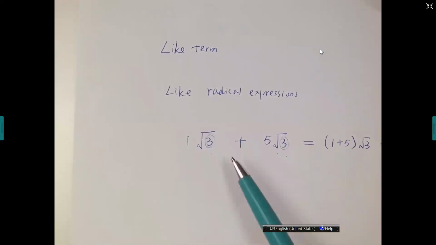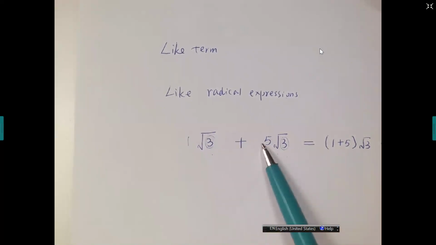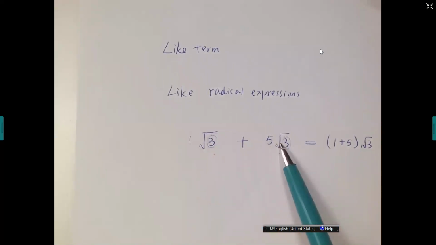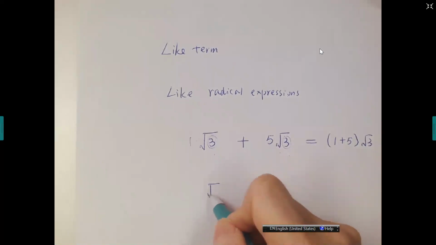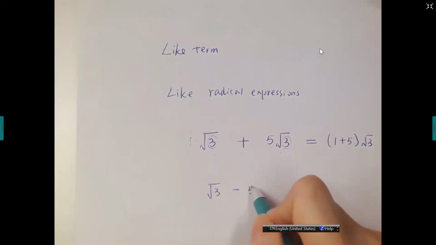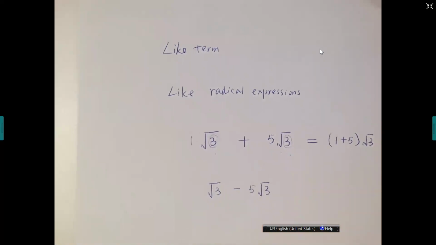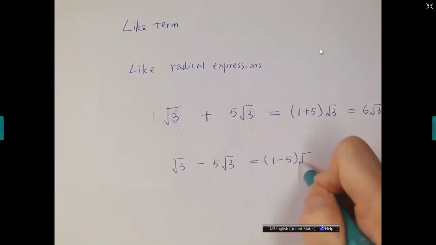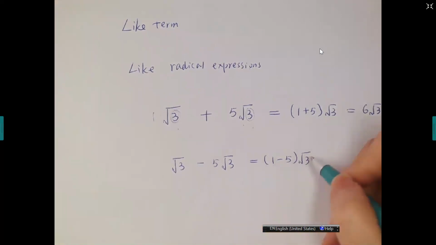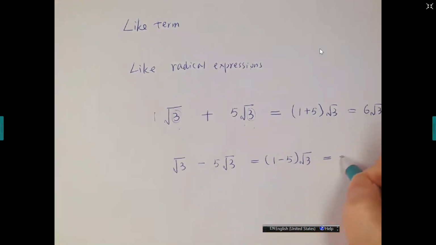To add radical expressions, if they're like radical expressions, we just combine the coefficients. Subtraction is the same thing. If I have radical 3 minus 5 radical 3, that means 1 minus 5 times radical 3. 1 minus 5 equals negative 4.